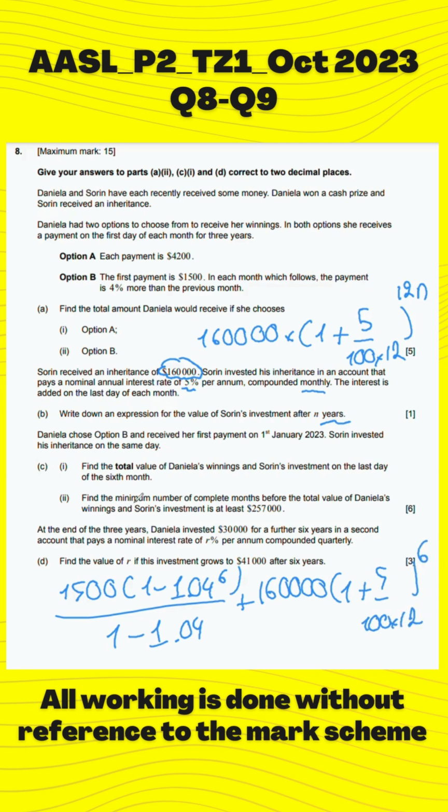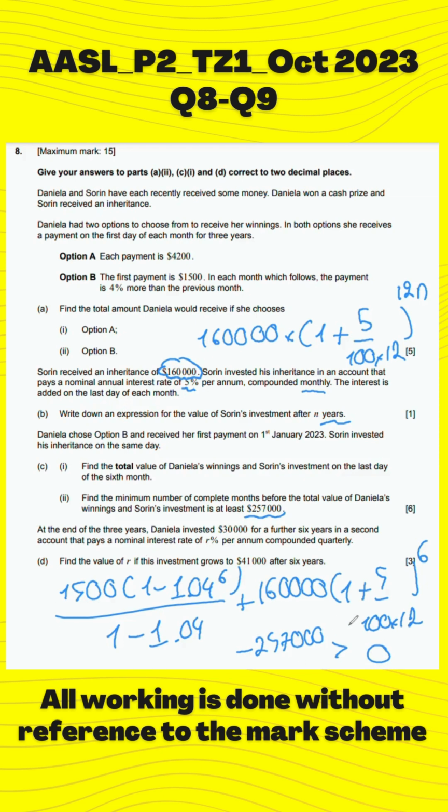Okay, C, find the minimum number of complete months before the total value is at least 257,000. So this represents the total amount, much bigger than 257,000. So I move this one to the left side: minus 257,000 much bigger than 0.